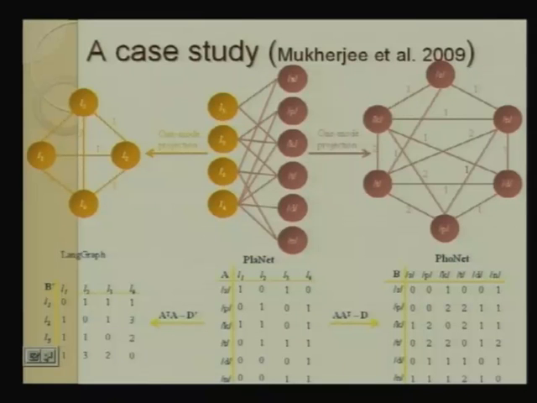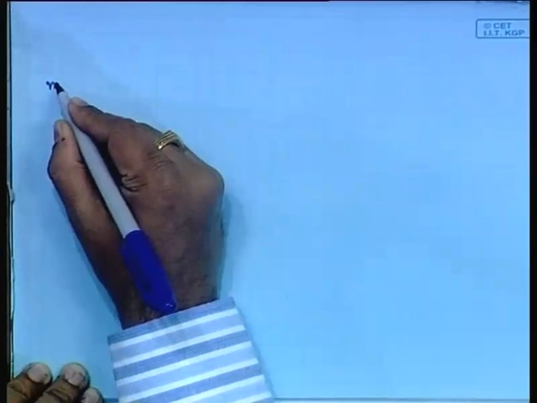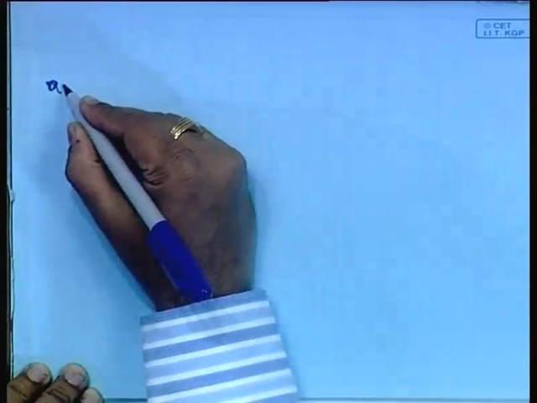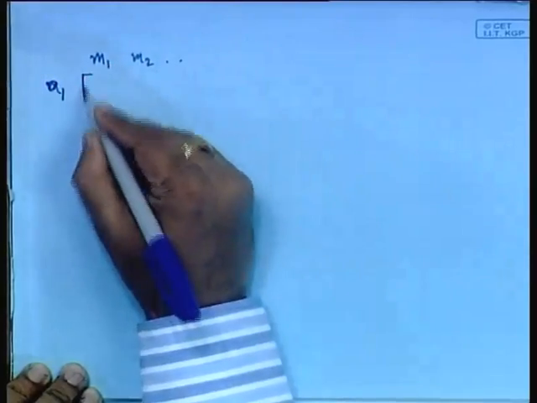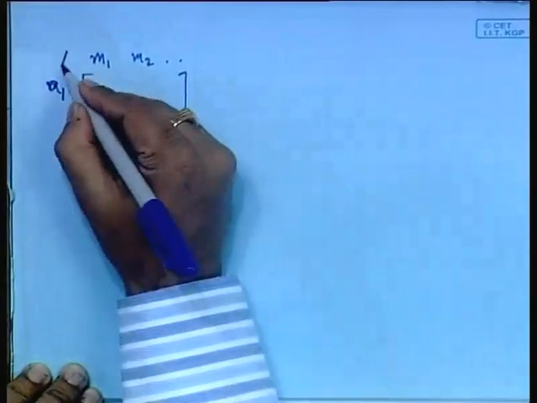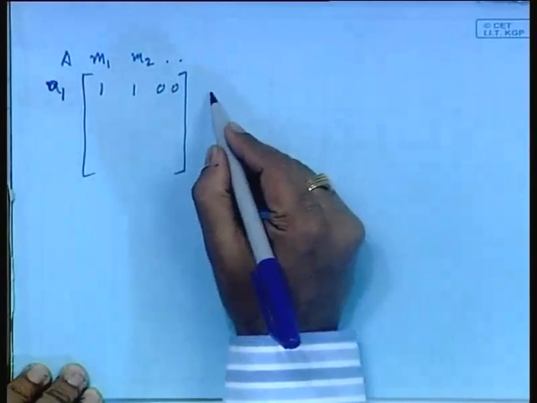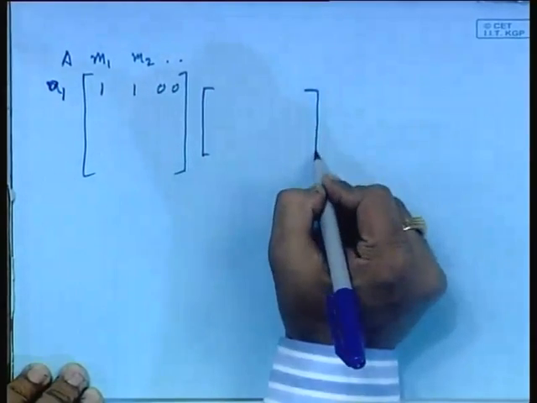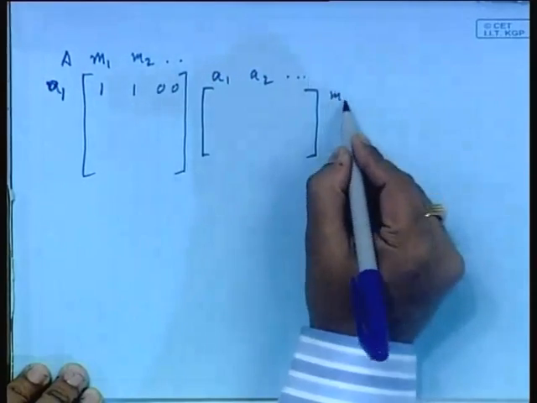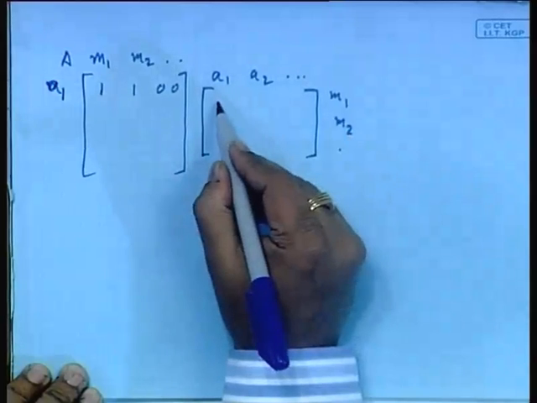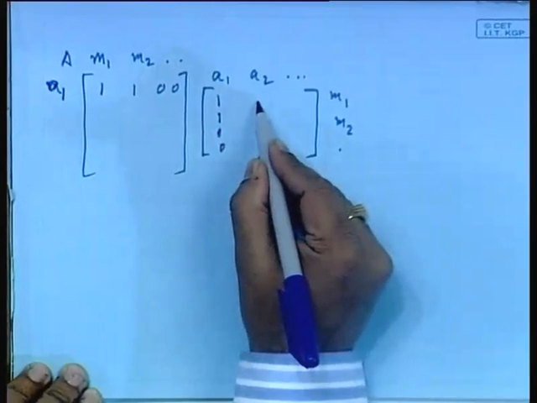Let me just show you. So, here is actor 1 and here are movie 1, movie 2 and so on. So, this is your A, and suppose this is 1 and 0 and so on. And when I do A transpose, here are my actors and here are my movies, and here is 1, 1, 0, 0 and so on.